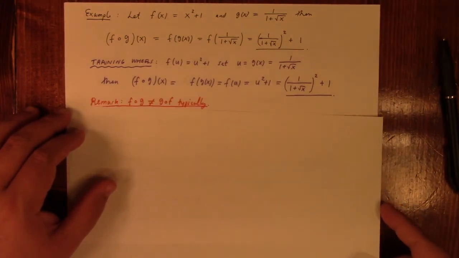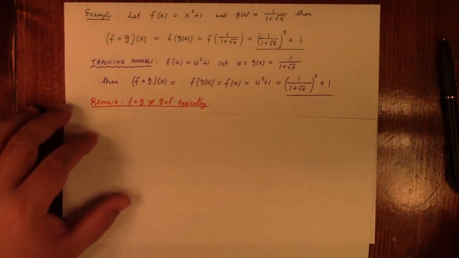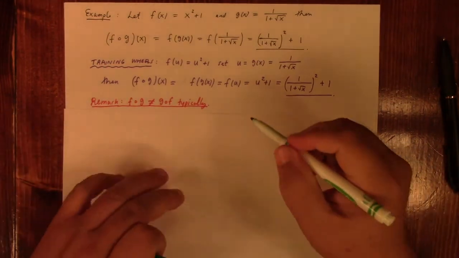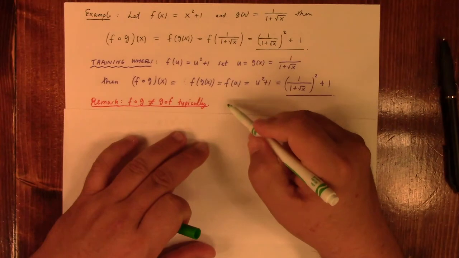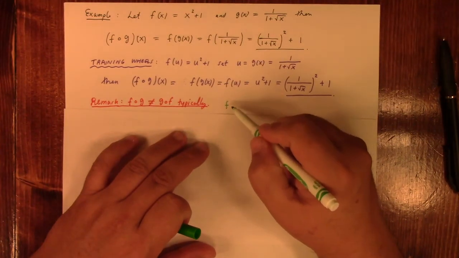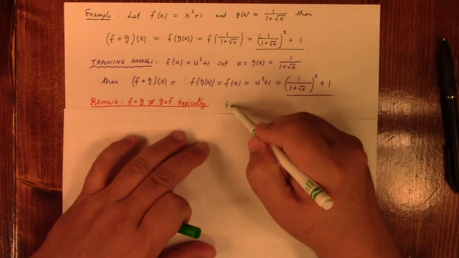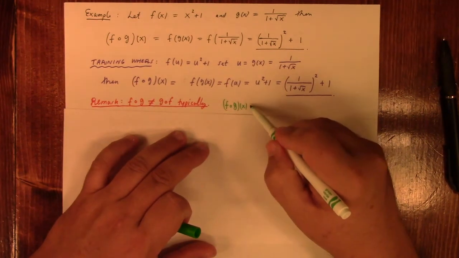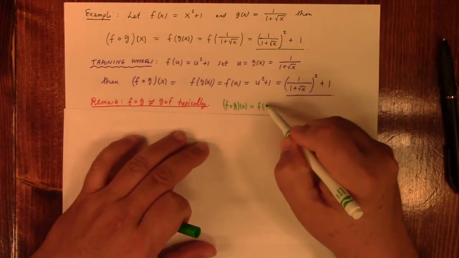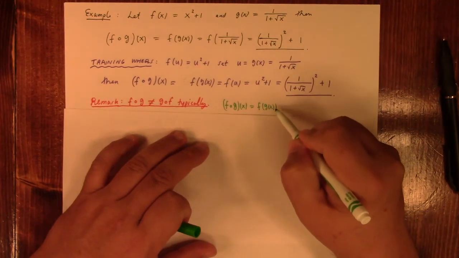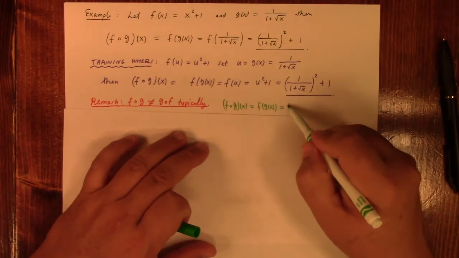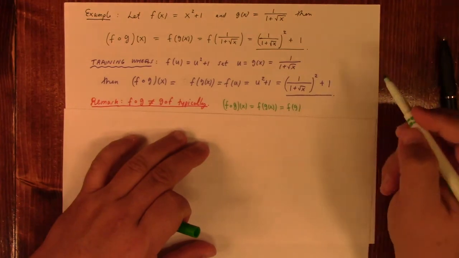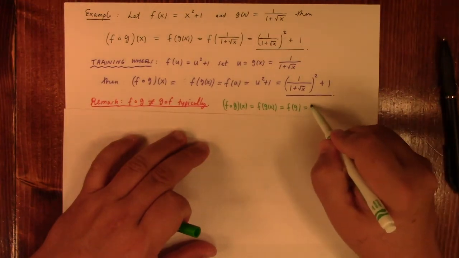Another notation which has sometimes served me well is doing this. Another way you could look at f composed with g of x, and this is kind of cheating in terms of notation, is that's f of g of x. So we could just think of it roughly as f of g, and f of g would be g squared plus 1.